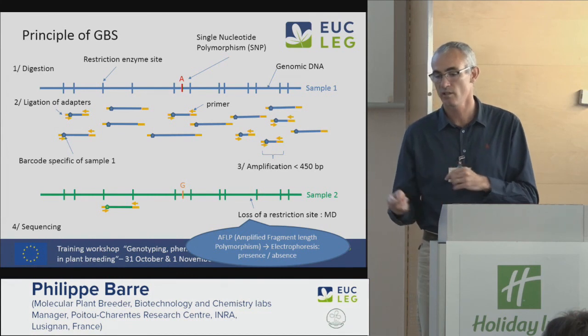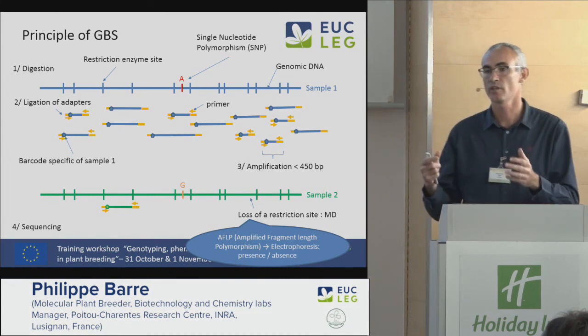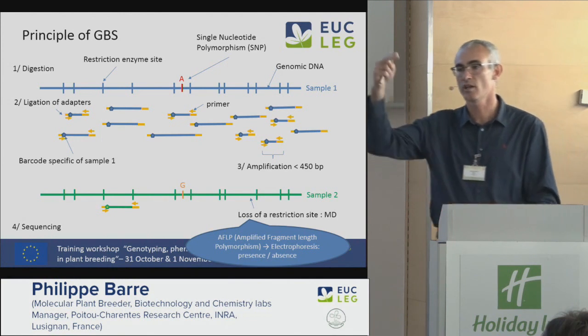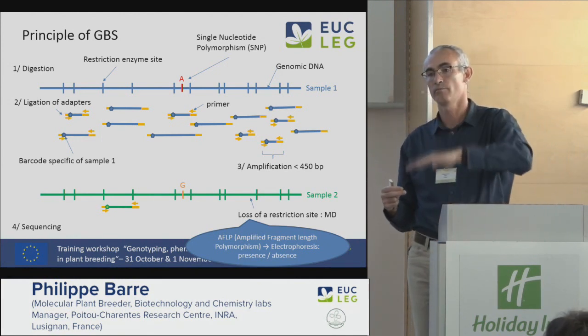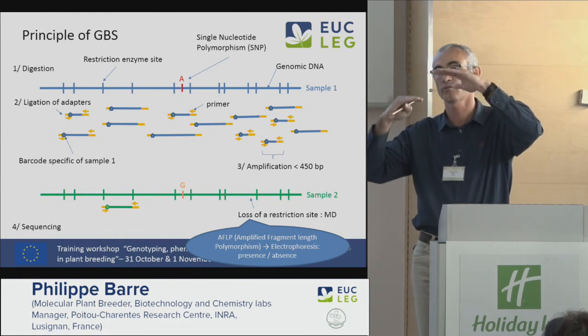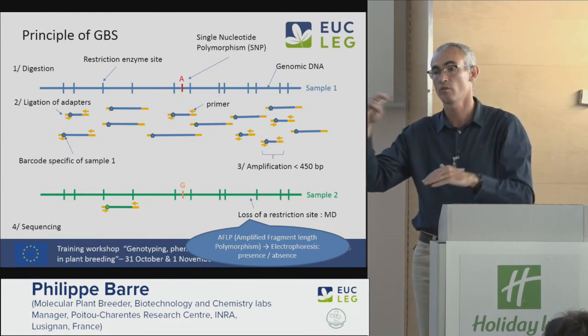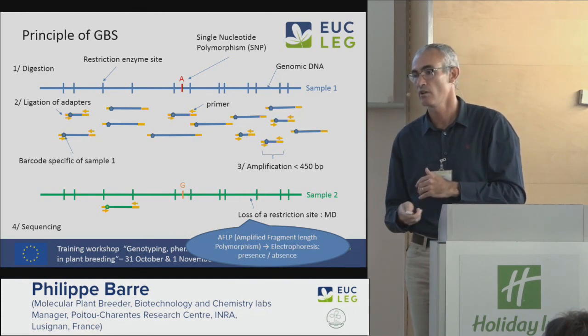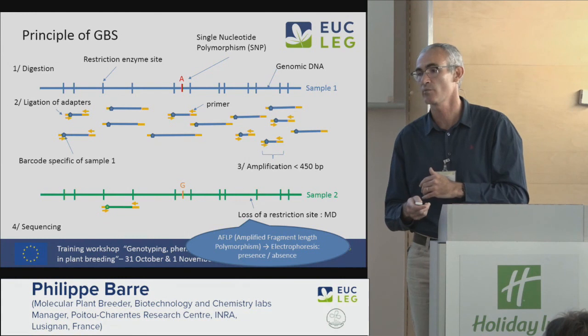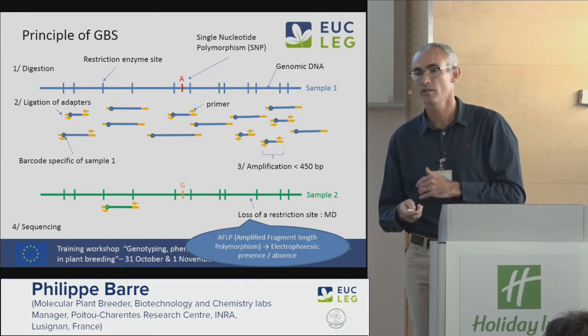If you make the amplification and run that on a gel, you have different bands, with different sizes because of the loss of a restriction enzyme site. That was AFLP markers at that time, and it was also patented by Keygene.